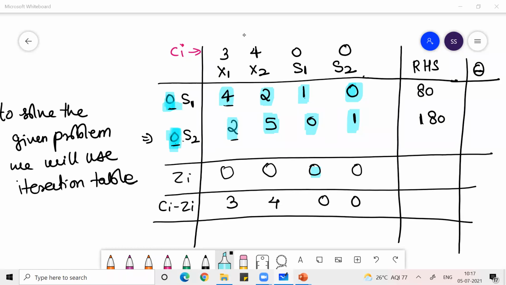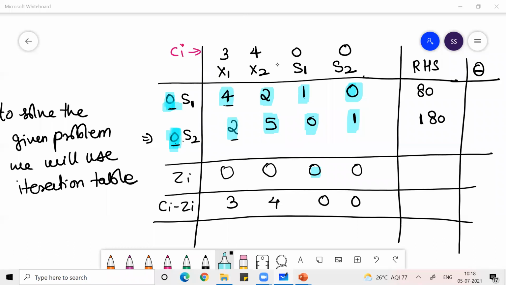Do for each column: multiply the coefficient of your slack variable with the coefficients of the values given column-wise with respect to each variable, either decision or dummy, inside the table. Multiply and add them. That is called sum product.